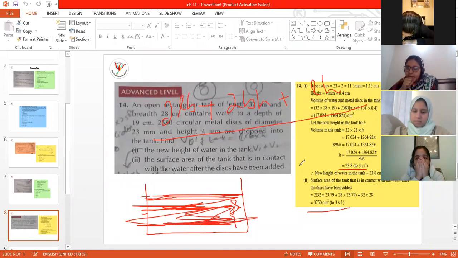Whenever there is an open rectangular tank, the length and breadth will be calculated only once, because it is the rectangular surface. Length and breadth, yes, definitely will be calculated once. Length and height, plus breadth and height, plus length into breadth. Yes, Zaina, you are right.